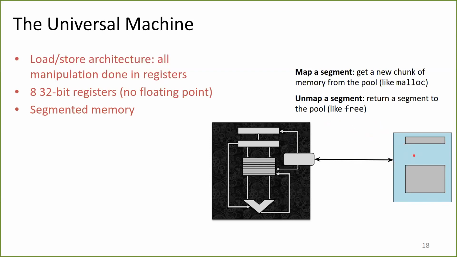So I just unmapped the segment using the identifier for the one that disappeared. This segment would have a different identifier. They're numbers, maybe it's like the number 10. So if I say unmap 10, that segment will be returned to the pool, and it can be used by later map instructions to generate new segments.